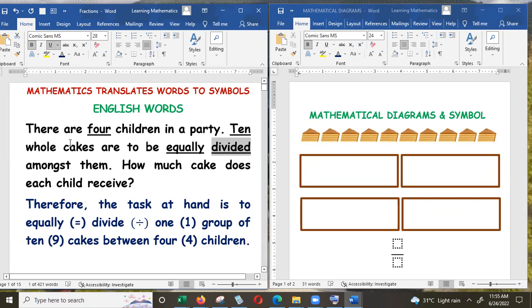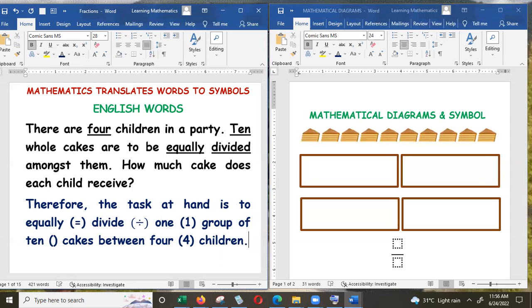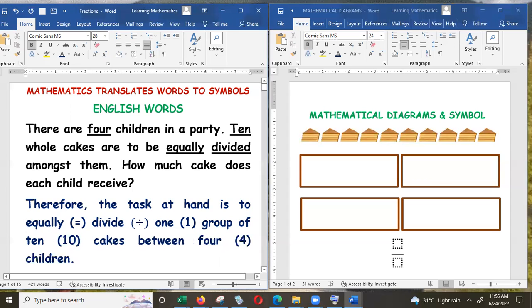So there are 10 whole cakes and are to be equally divided amongst 4 children. So therefore, the task at hand is to equally divide one group of 10 cakes between 4 children.